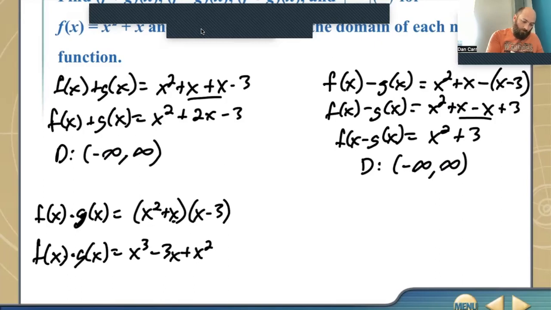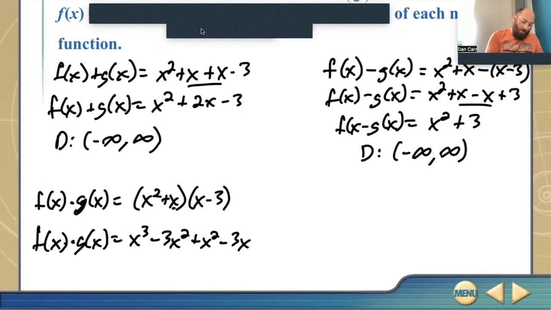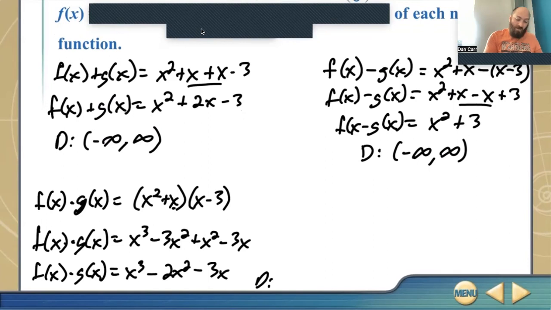Whoops. Sorry, I forgot. Minus 3x. So plus x squared minus 3x. Combine my like terms, so that the multiplication of these two is going to come out as x cubed minus 2x squared minus 3x. And once again, for the domain, this is just a cubic function. The domain is going to be all real numbers. There are no restrictions on a cubic function.